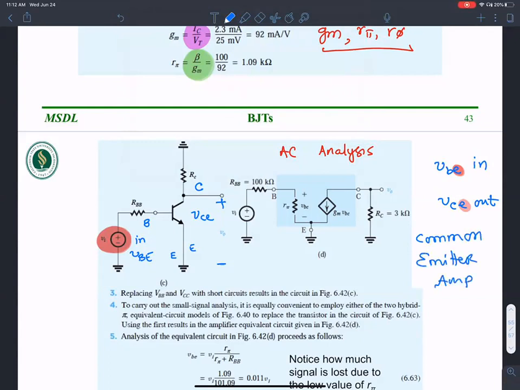And it turns out that the CE amplifier for BJTs has very similar properties to the common source amplifier for MOSFETs, and both of these are used as the bread and butter gain stage. When you want gain, you typically use a common emitter stage or a common source amplifier stage. And then we look at different configurations of amplifiers in the next class.